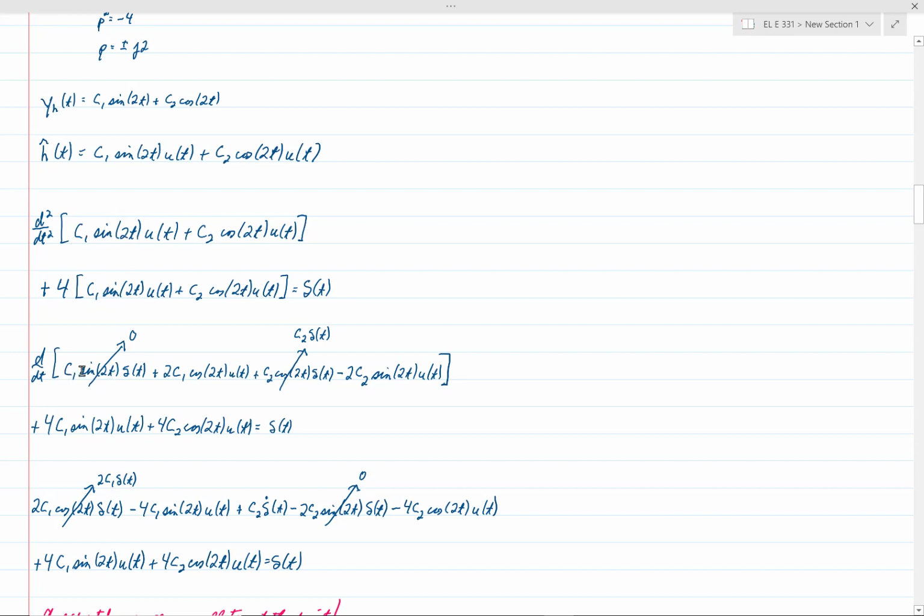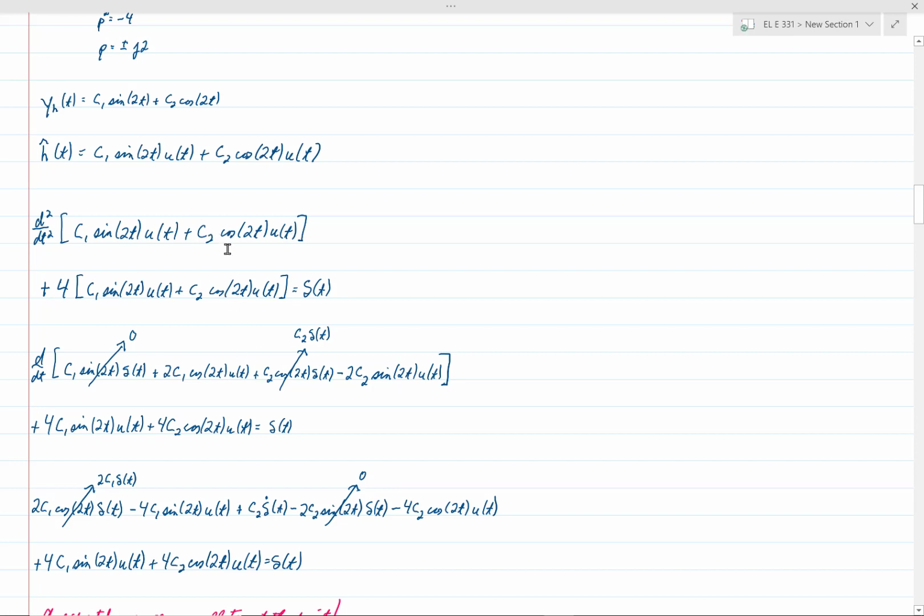Notice the first term is C1 sine 2t times delta of t, and that's coming in because we're considering C1 sine 2t to be the first term, and u of t to be the second term. So this represents the first times the derivative of the second, and then this represents the second times the derivative of the first.